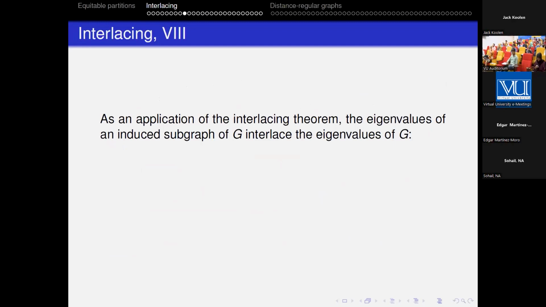But here's a very important application: the eigenvalues of an induced subgraph of T interlace the eigenvalues of T. So whatever you take as an induced subgraph, those eigenvalues must always interlace the eigenvalues of T. And if that induced subgraph is not equal to T, then we know also by the Perron-Frobenius theorem that the last eigenvalue of T is larger than the last eigenvalue of this subgraph.